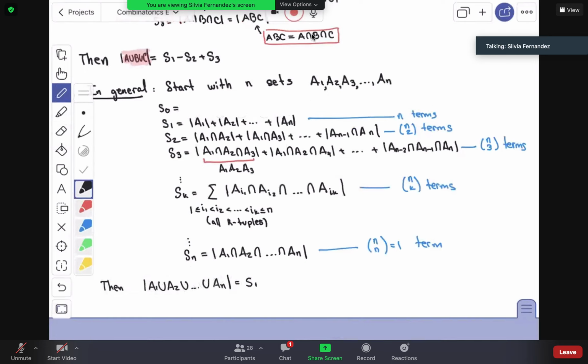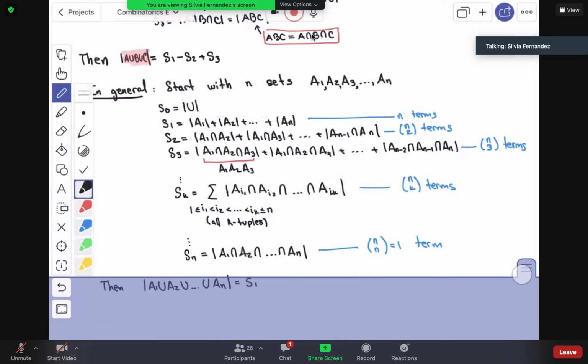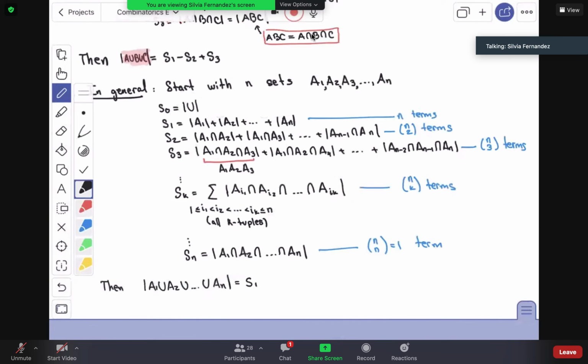So S naught is actually everything, including the union. You'll see why. So this is S1 minus S2 plus S3 minus S4, dot dot dot, and this is minus 1 to the n minus 1 Sn. So the last term can be positive or negative. We just alternate. Sometimes it's positive, sometimes it's negative, but we need to alternate.